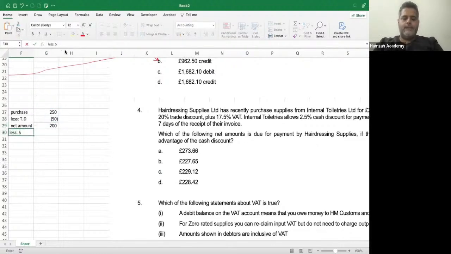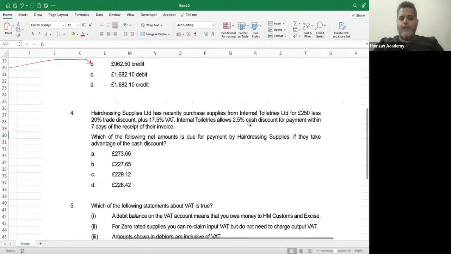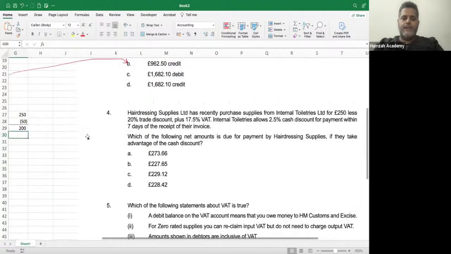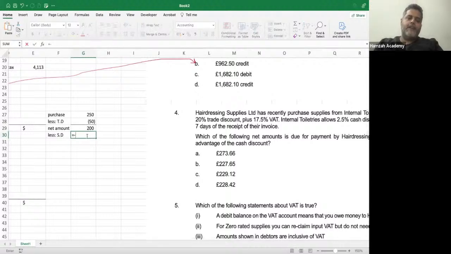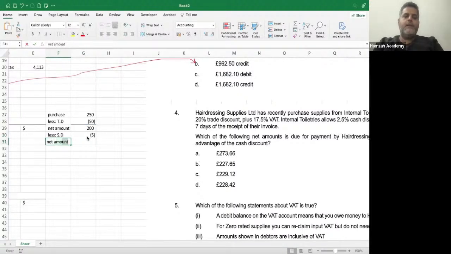Then I'm going to deduct the settlement discount, 2.5% cash discount for payment within 7 days. And this 2.5% is going to be of this amount. That's going to be 5, right? So the net amount over here is 195, right?